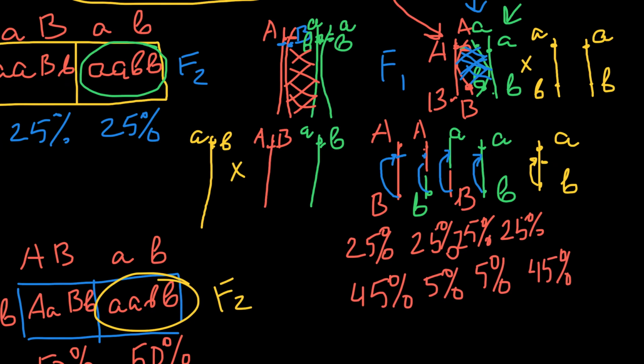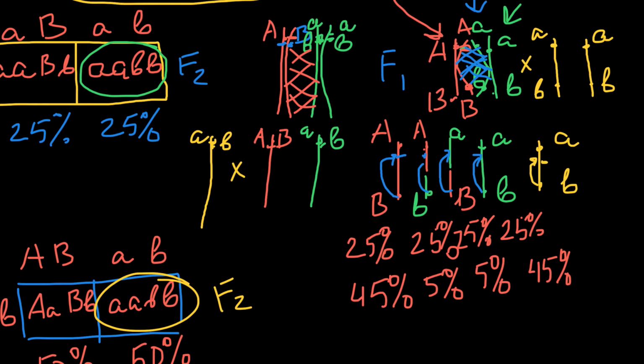So basically, what 45% here means is that these are chromosomes where crossing over didn't happen. Why didn't it happen? Because 2 genes are very close, and chances are slim that crossing over would happen here.